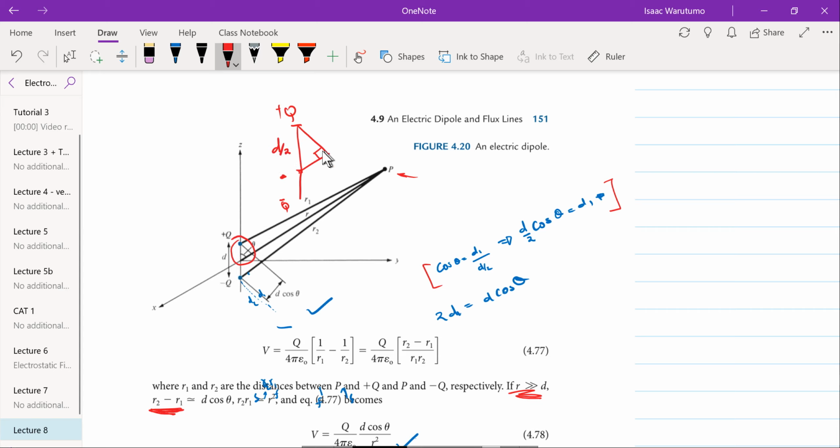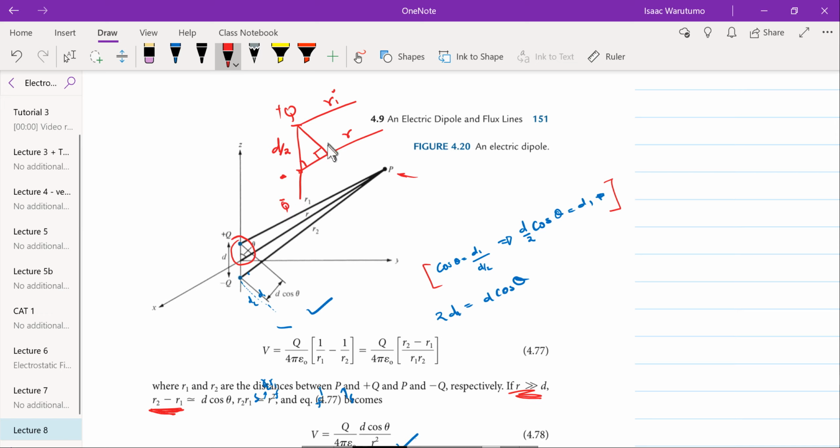And if you consider this to be a right angled triangle, that means we can evaluate the length of r1. r1 is the one that is extending from that point, and the r is the one that is extending from the center, and the other r is extending from the other end, Q minus.